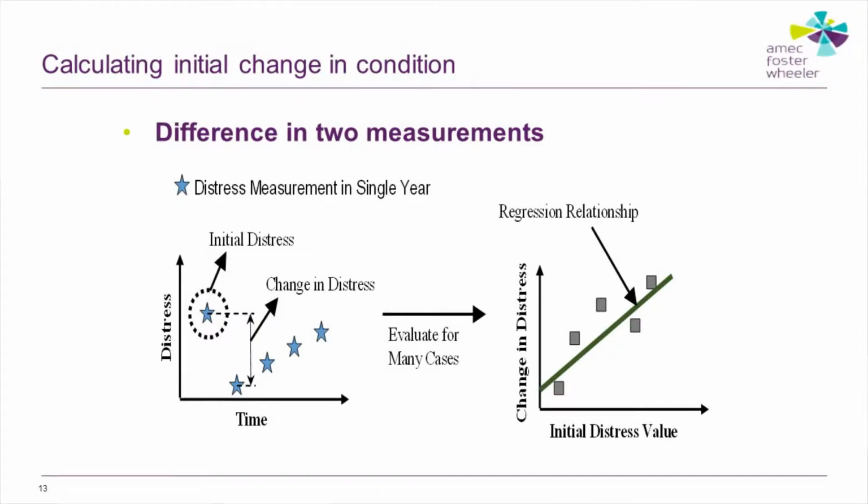Now again, going back to the start of the presentation, the effects that we were looking at were this initial condition jump and the long-term effect. So if we start with the first one, the initial condition jump, basically we looked at the data. What was the condition of the pavement prior to the treatment, which is shown here, and what was that condition after treatment? So if this is cracking 20%, afterwards 3%.